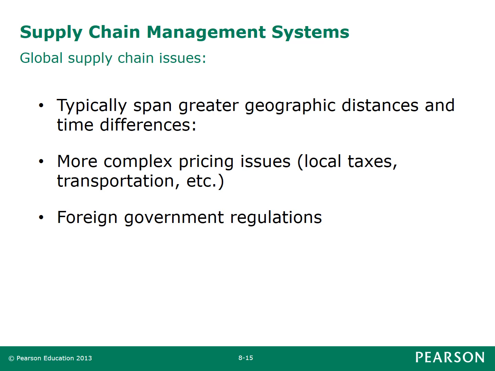Complex cost and financial issues like local taxes, transportation means cost, currency exchange rates, etc. Another issue is foreign government regulation regarding, for example, production qualities and environment regulation for raw materials. All these issues have to be considered in the planning of the supply chain management system.